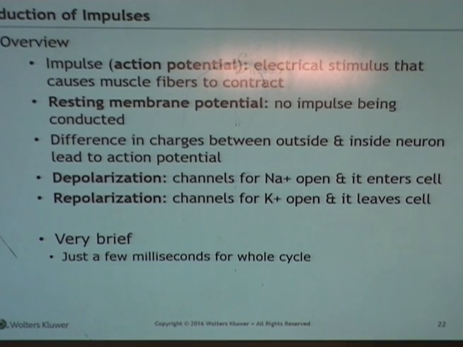So when we depolarize, we open a channel, a little gateway, and we allow sodium to flood into the cell. Right? And that changes this balance, and so we change from minus 70 to another number.